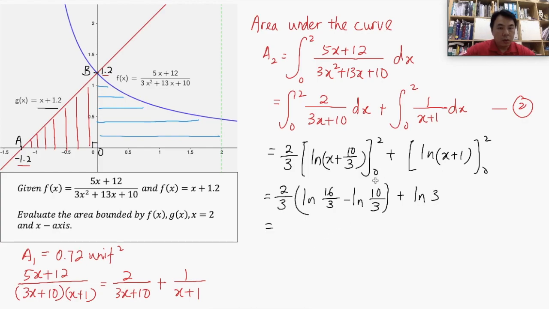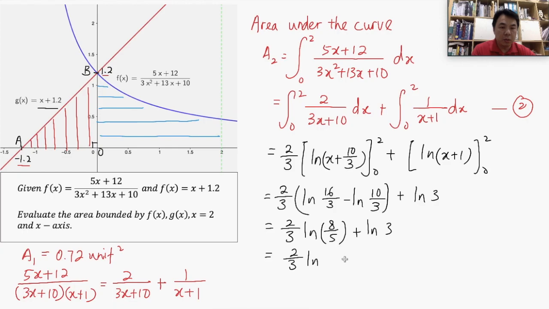From here I can simplify further. I would have ln 28/25, and then ln 3 there. If you want, you can just leave it as it is. If you have a calculator, by all means you can key this into your calculator, or you may want to write this in a different form.